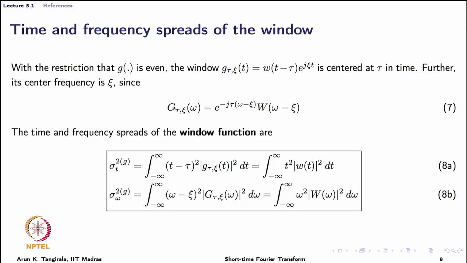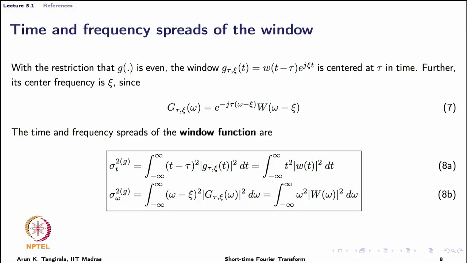The only difference between the Fourier transform of the atom and that of the window is this factor here, but as far as the magnitude is concerned, they are the same. Now, it is clear from this expression in 7 that the Fourier transform of the time frequency atom is centered around z. This expression itself clearly tells me that the center frequency is z.